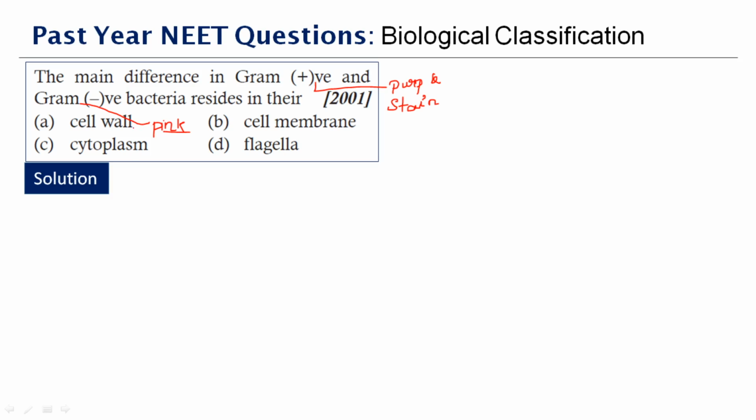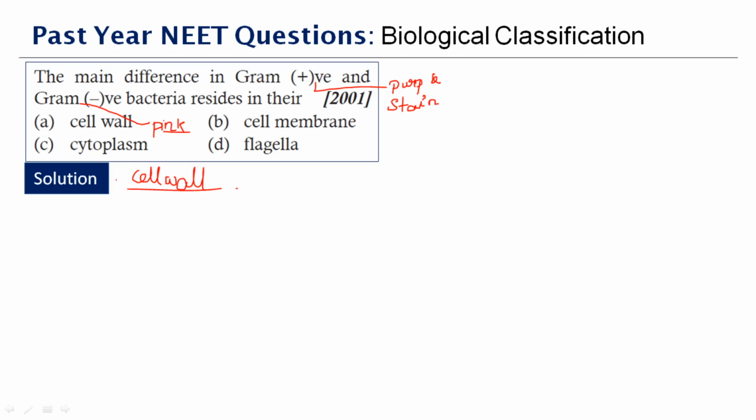We all know that for anything to cross in, it should cross over the cell wall and go inside. And prokaryotes have a special cell wall which will protect them and help them in survival. So this cell wall is very important. This cell wall variation counteracts with the stain, and one will take purple and the other will take pink.